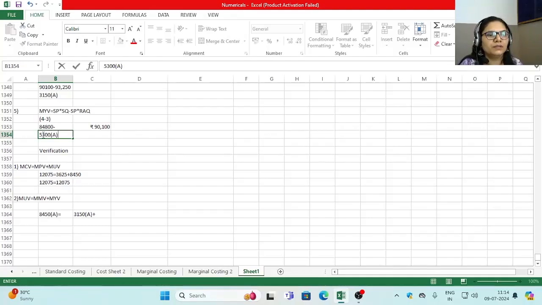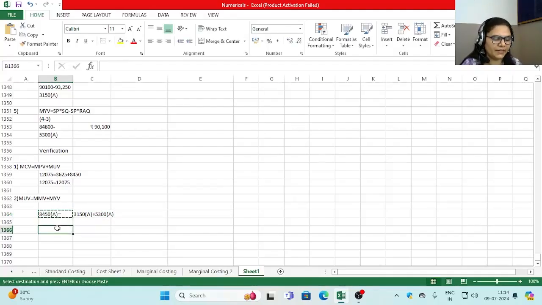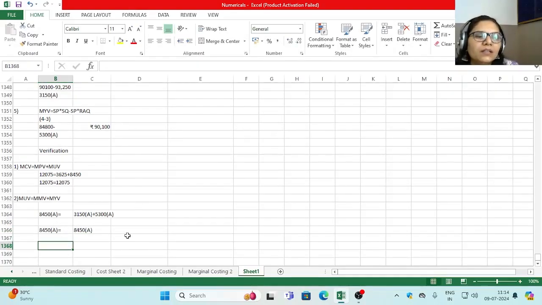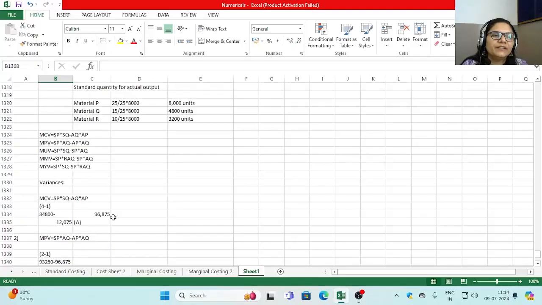We will mention this over here. So again, left hand side will be equal to right hand side, and it will be 8,450 adverse. So this is your material mix variance plus material yield variance.